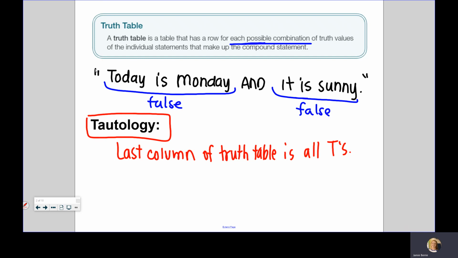Now it's pretty rare that you get a tautology. Typically you'll have a combination of T's and F's in your last column. So this is a special scenario where we end up with all T's.